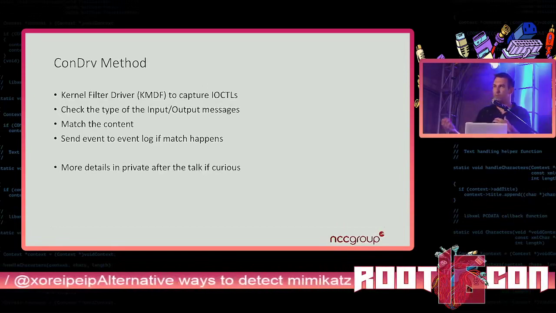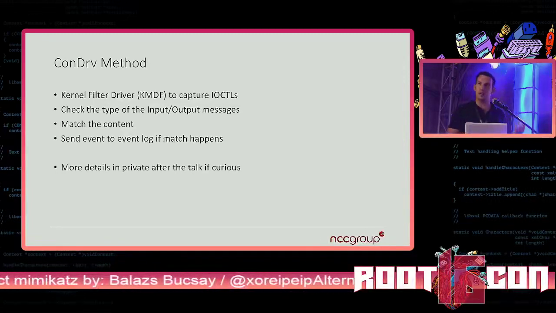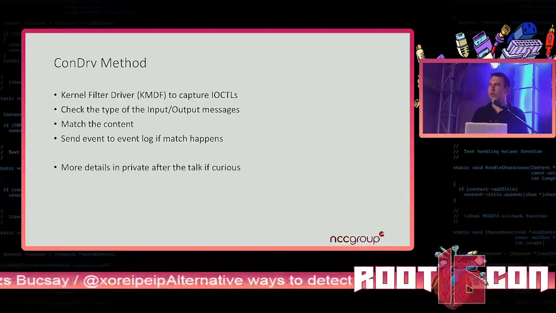It can be output or input text that you are showing on the console, on the screen. And just like in an AV with signature based detection, I match the content, whatever is shown on the console, and if that matches the signature or the string that I'm looking for, I'm going to generate an event, and that event goes to the event log.